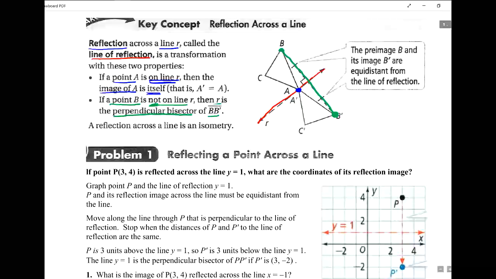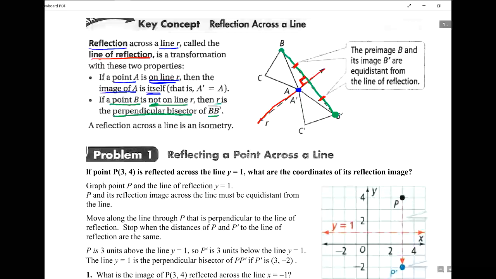Then line R, our line of reflection, is perpendicular and it bisects this imaginary line between our pre-image and image points.